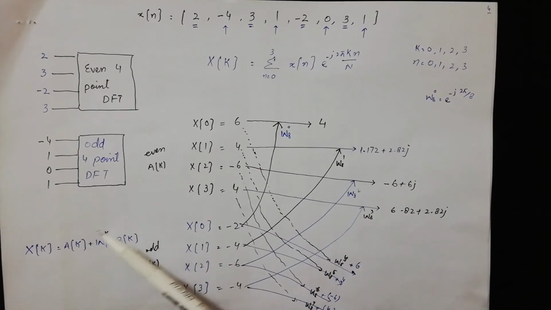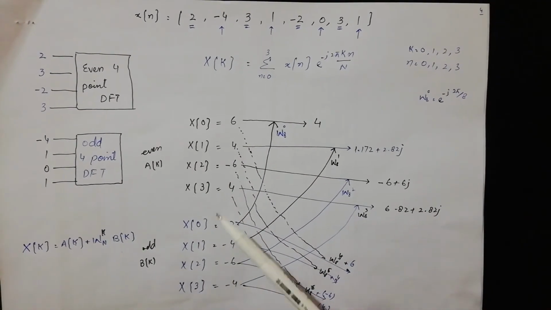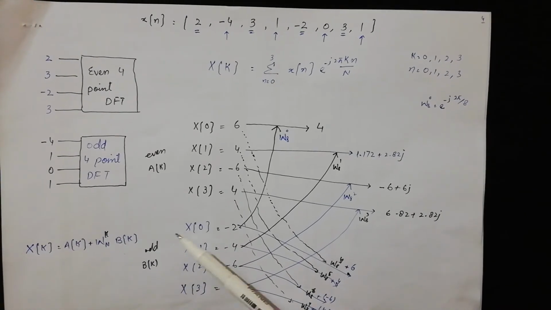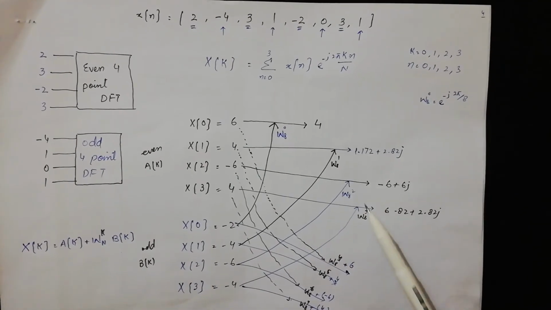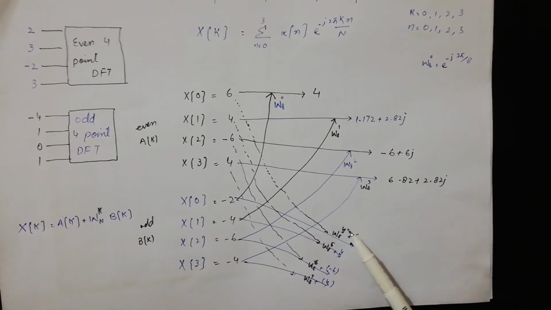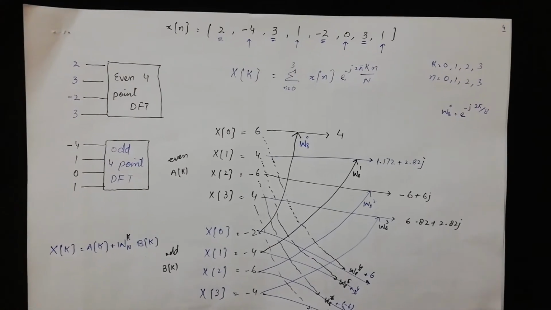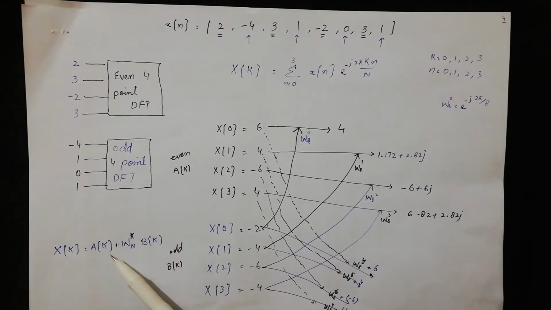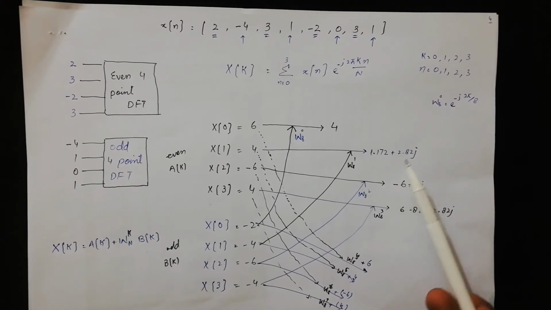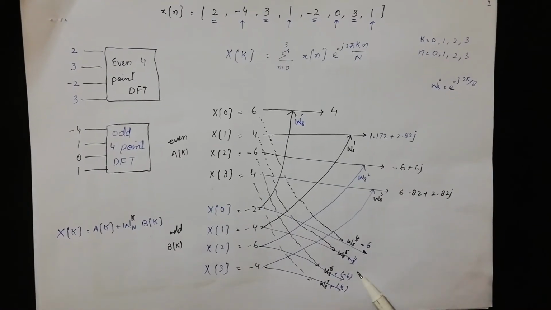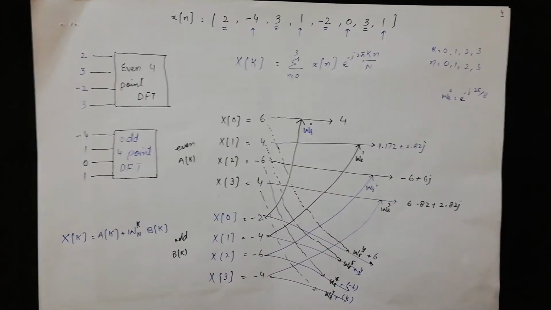Now we only use this formula, A of k plus, where A of k is the even values and B of k is the odd values, and for omega N of k we use first omega 8^0, then omega 8^1, omega 8^2 and omega 8^3, and then omega 8^4, omega 8^5, omega 8^6 and omega 8^7. By using this formula we calculate all these values: 4, 1.172 plus 2.82j, minus 6 plus j, 6j and all these values. These values are the same as the 8 sample signal values which we have already calculated.